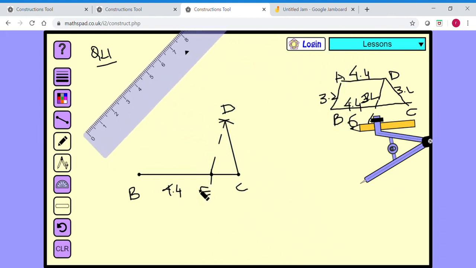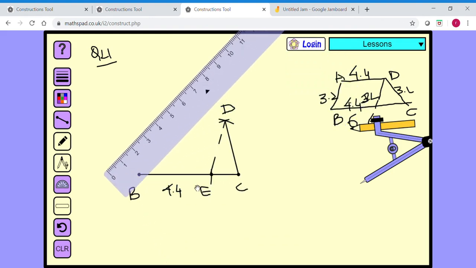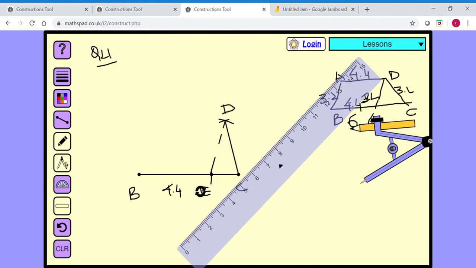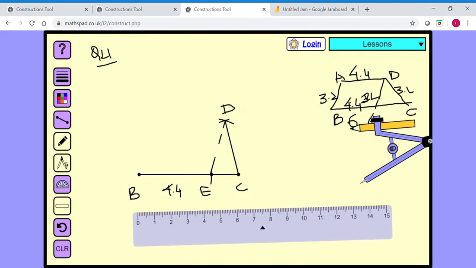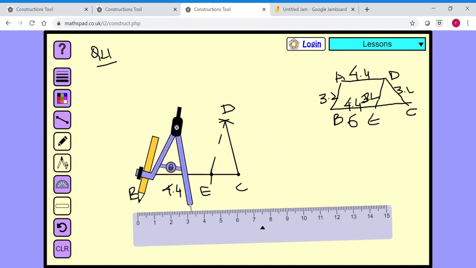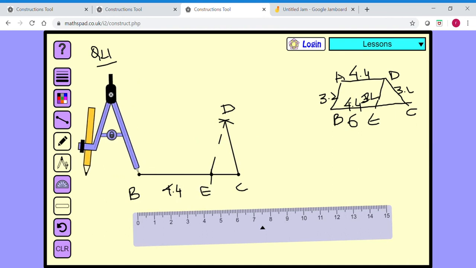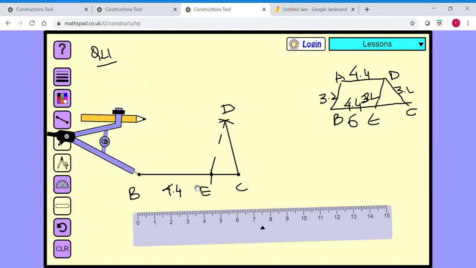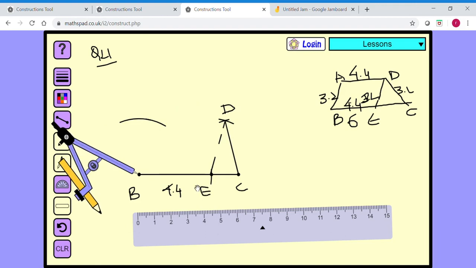How do I find point A? Well, A is 4.4 from D and 3.2 from B. I think I already have 3.2 with me, right? This is 3.2. Yes, so I keep it at B and cut an arc of 3.2 centimeters somewhere here. Perfect. And then the next one I need is 4.4.